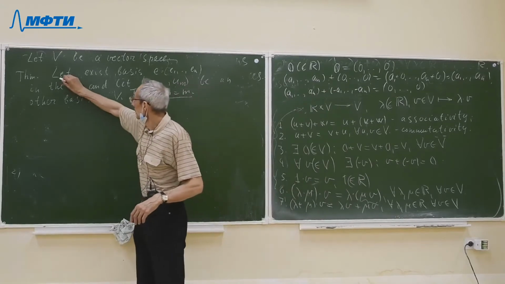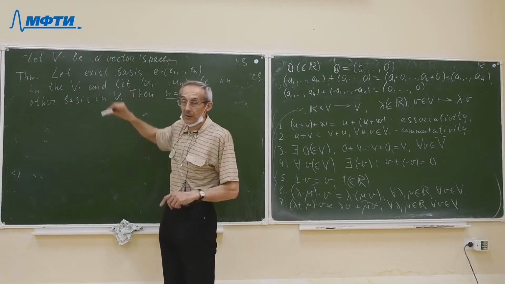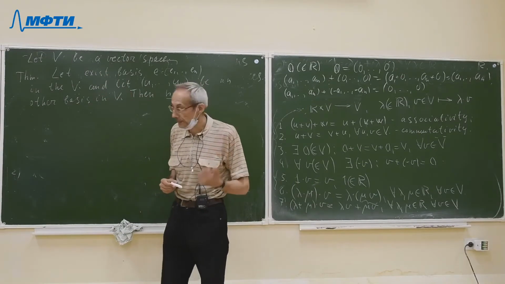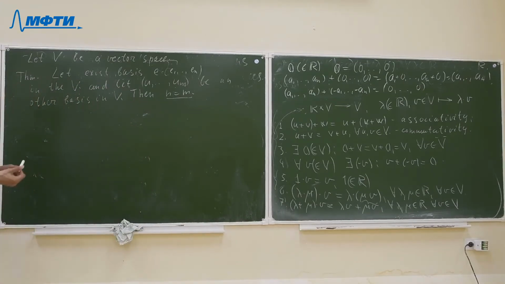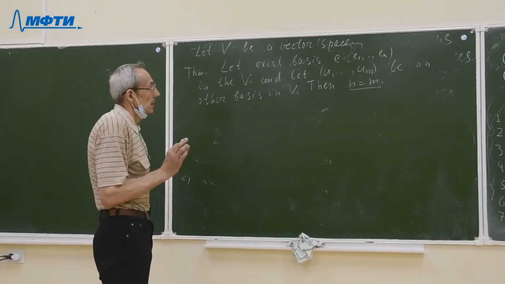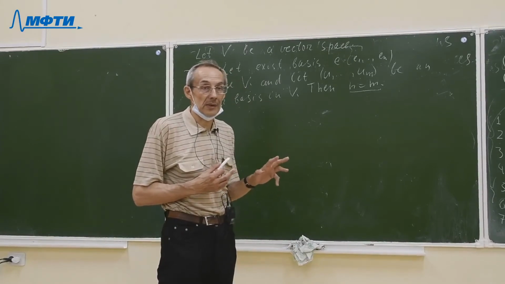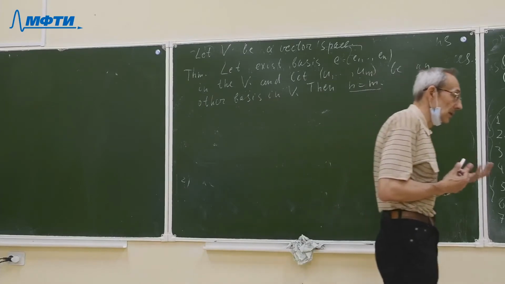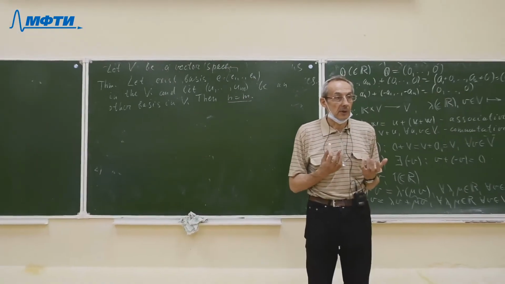But we suppose that in this vector space there exists a finite basis. The natural generalization of this theorem: if a vector space has two bases, the cardinal numbers of these two bases are equal.